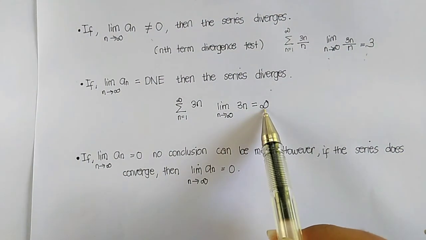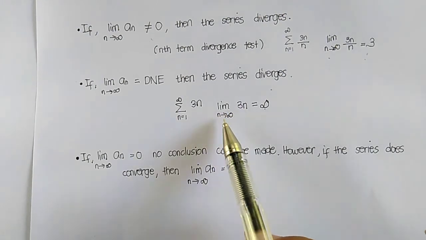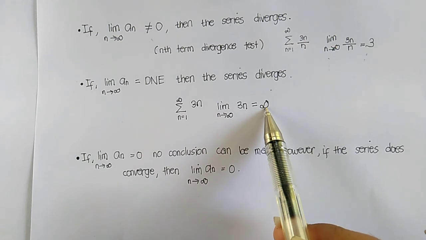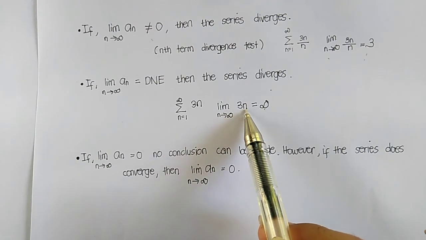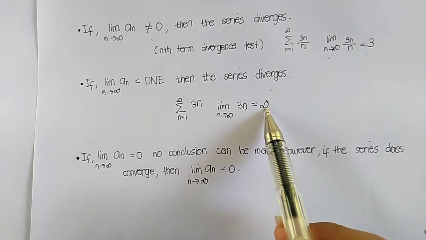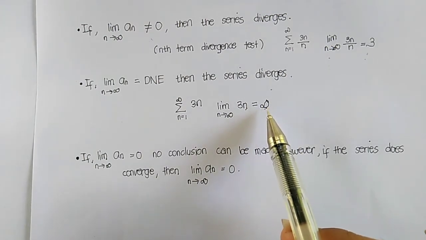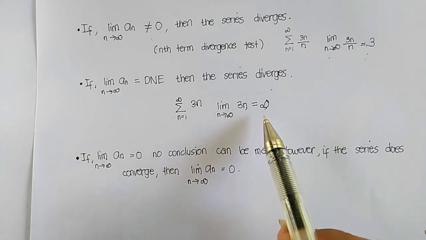Now, why is the limit of 3n as n approaches infinity infinity? Because if you multiply 3 by a large number, then the resulting product would also be a large number. Okay? So, that denotes that it is not finite. Then the series diverges.